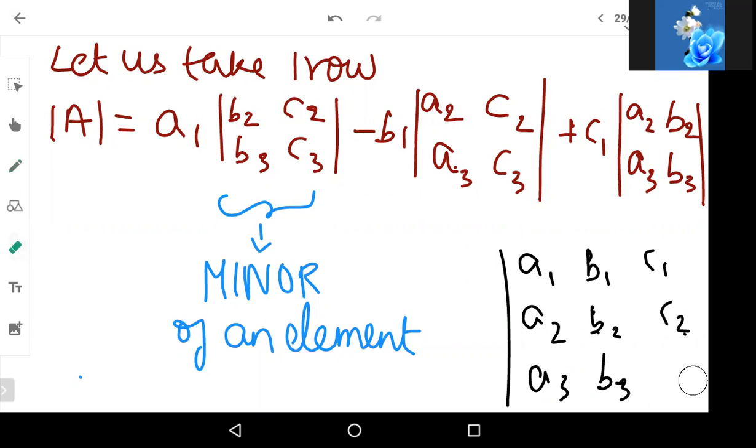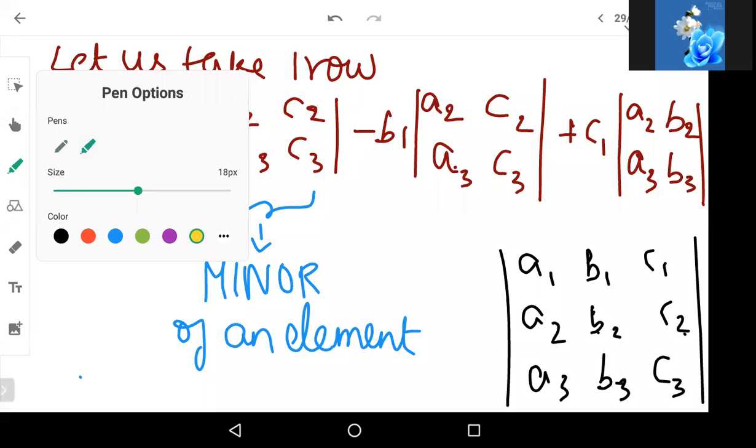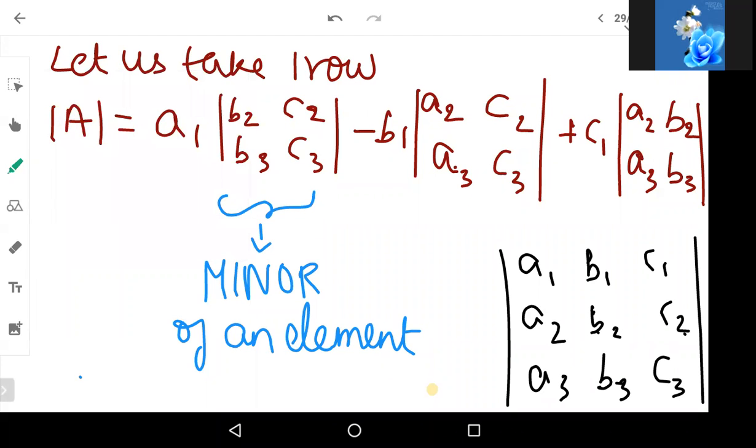So this is the determinant. Here we are considering the first row. When you consider the first row, A1 is considered, then leave out this first row and first column. Leave out the first row and first column.